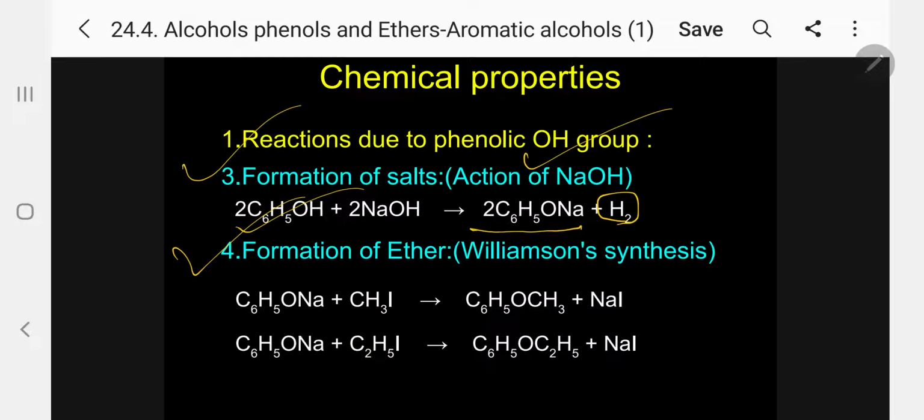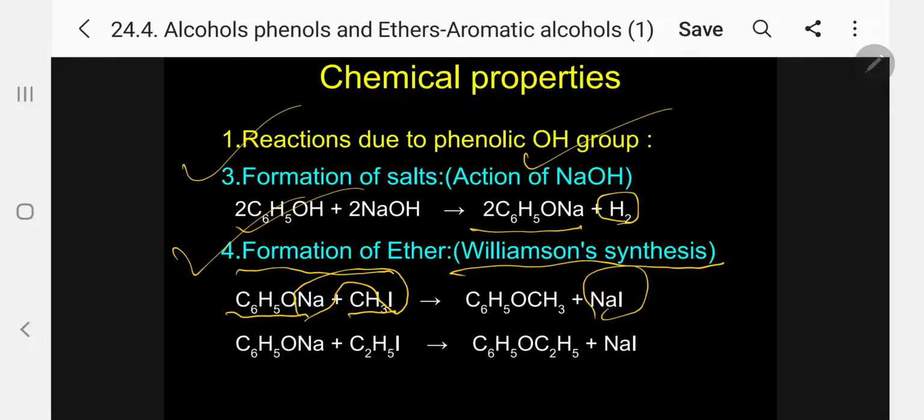And the fourth one: formation of ether. Kindly follow, the famous reaction, Williamson synthesis. We have already discussed it under alcohol also. So here, we are treating sodium phenoxide with methyl iodide. What will happen now in the presence of ether? Sodium iodide will be eliminated. So we are getting methoxybenzene.